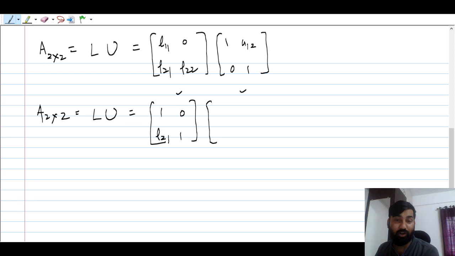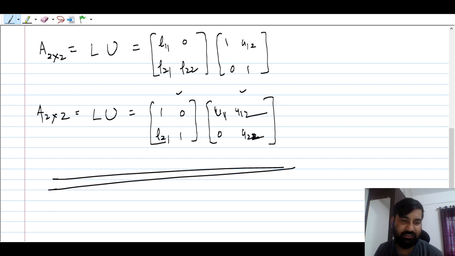Accordingly you can factorize any matrices. So you have to remember here that it will be u11, u12, and this is going to be 0, u21, sorry, it should be u22.